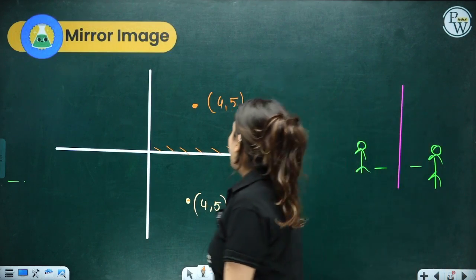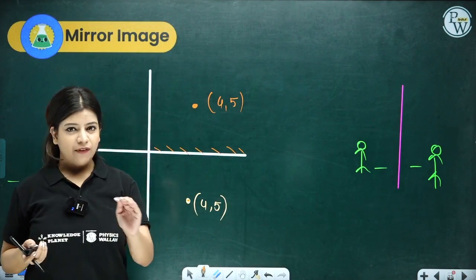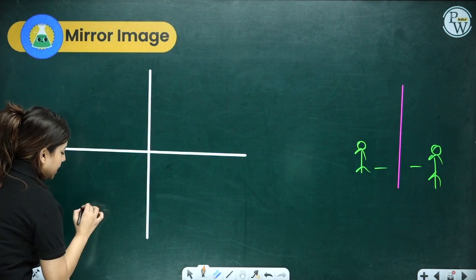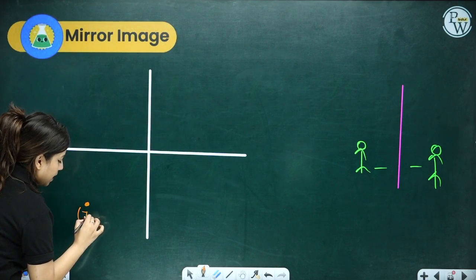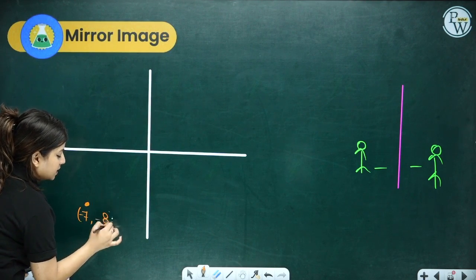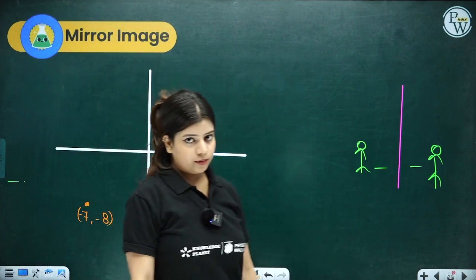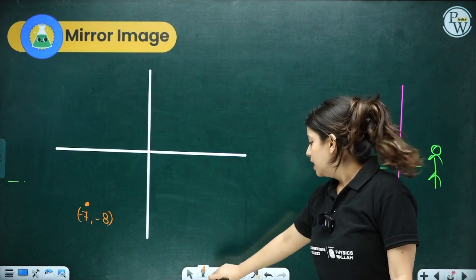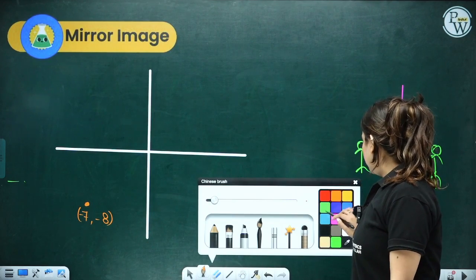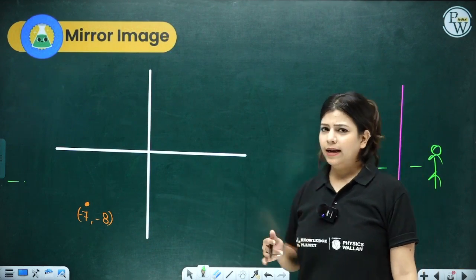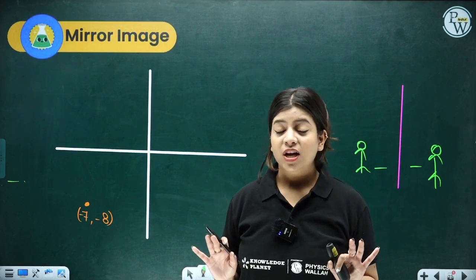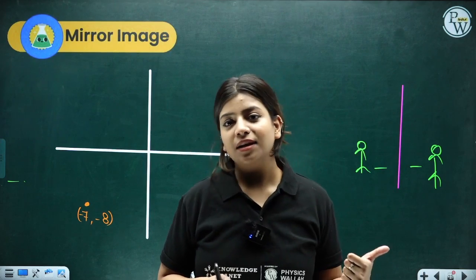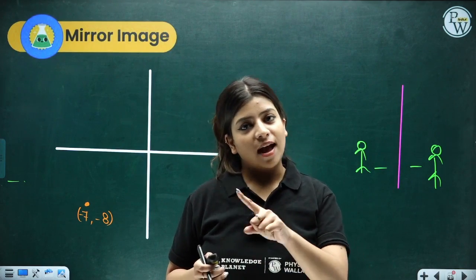And if the axis is not specified in the question, for example, you have a point over here that is (-7, -8), as it is in the third quadrant. If it is said simply to show the mirror image, it is not specified whether the x-axis or the y-axis is acting as a mirror.